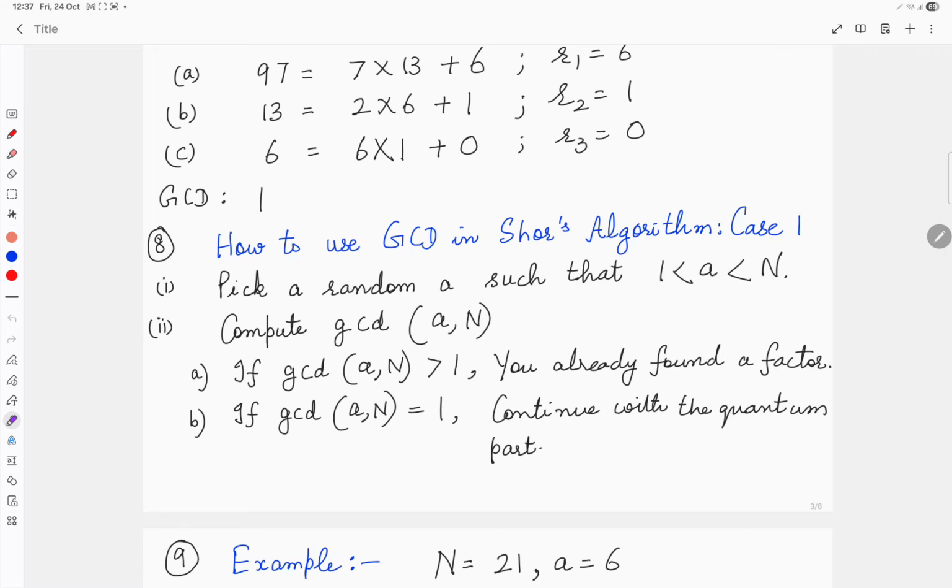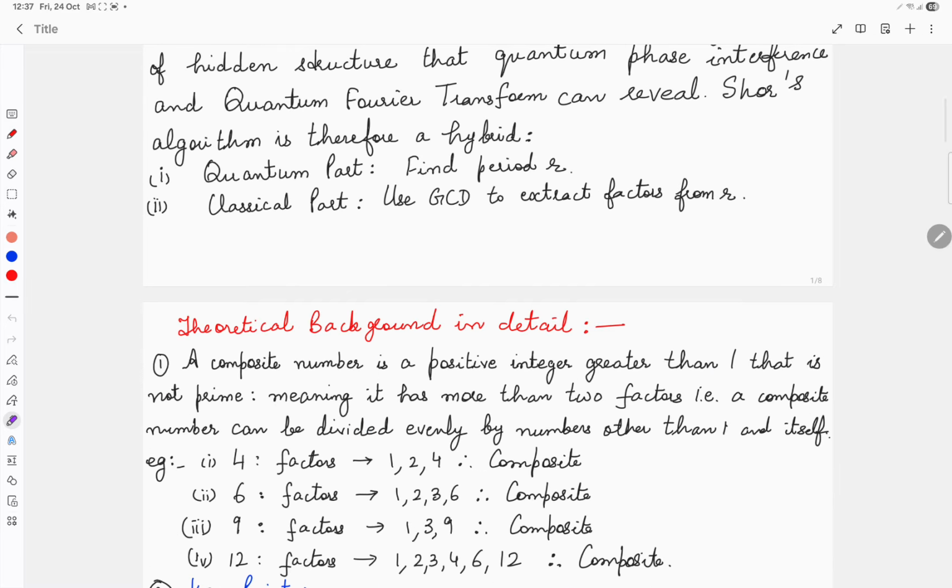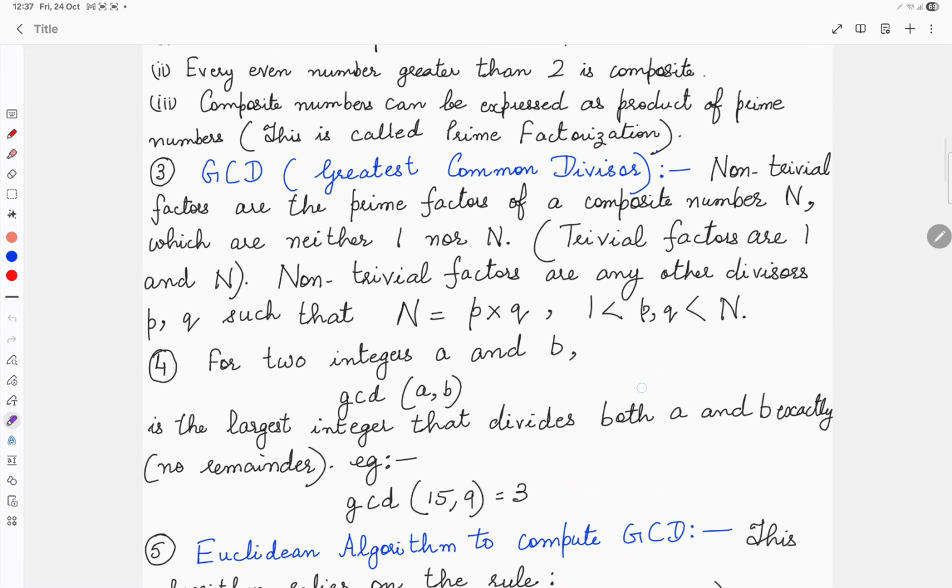Now how the GCD concept is used in Shor's algorithm. Now case 1, pick a random A. So we have two numbers here. One number is capital N and another number in the algorithm.